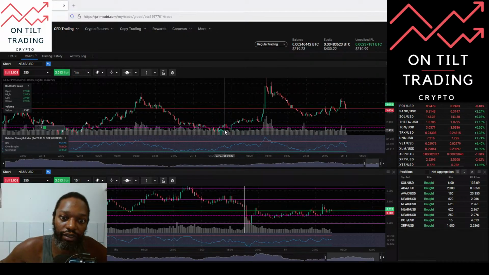And then after this, we can see that the buyers take control. We have some really aggressive buying happening right here. In this candle, we can see a very high volume profile. Overbought conditions.